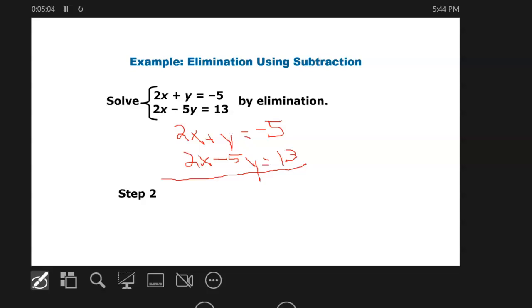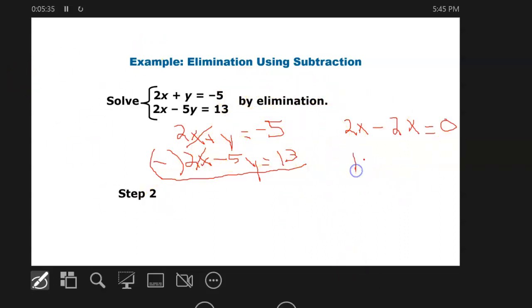So in order to get rid of the x variable, I would have to subtract that whole second problem. So basically what I'm doing is I'm doing 2x minus 2x. And we know the 2x minus 2x is going to cancel out. That just equals 0. So those x's are going to cancel. The one that we have to be careful about are the other terms.